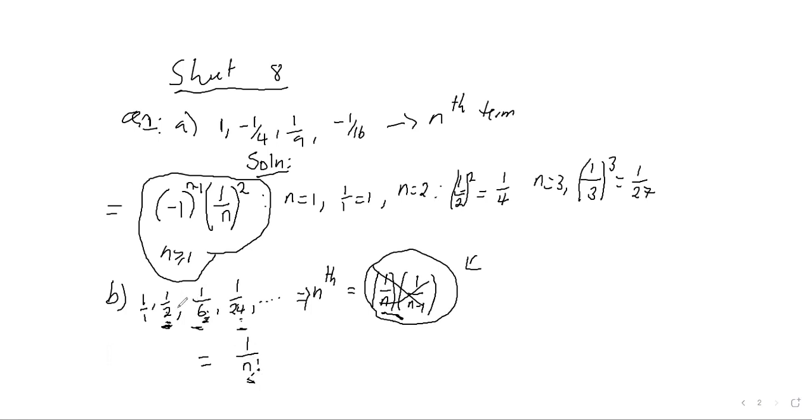When n is equal to 2, you have 1 over 2 factorial, which is 2. When n is equal to 3, you have 1 over 3 factorial. Now 3 factorial is just 3 by 2, which is 6. Then 4 factorial, the next one, is just 4 by 6.